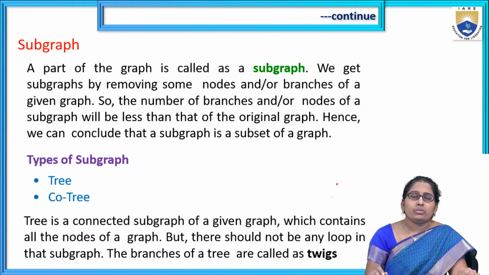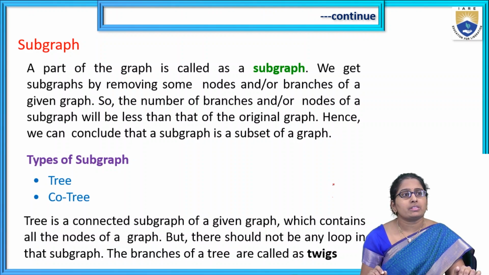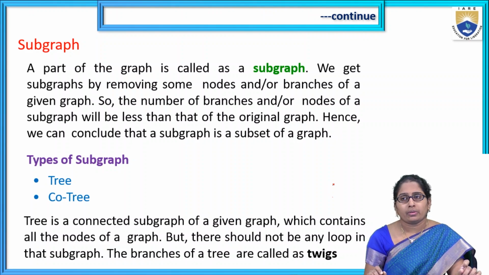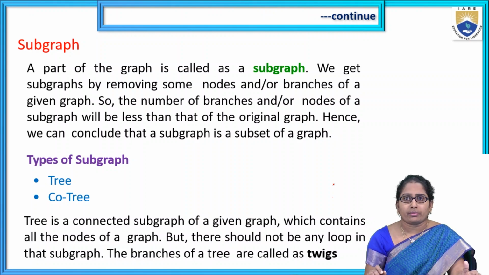So finally, the number of branches or nodes of the subgraph will be less than that of the original graph. Hence, we can conclude that subgraph is a subset of the original graph.